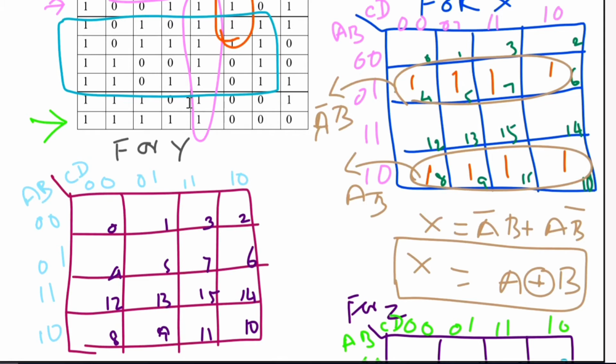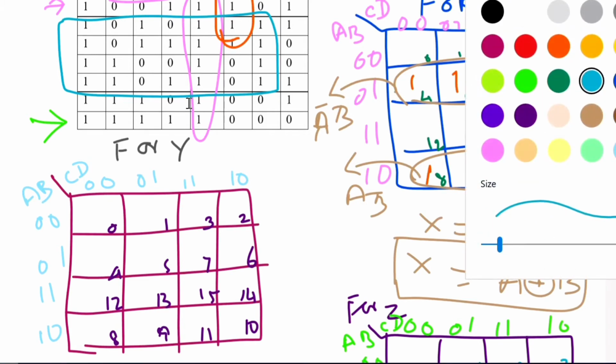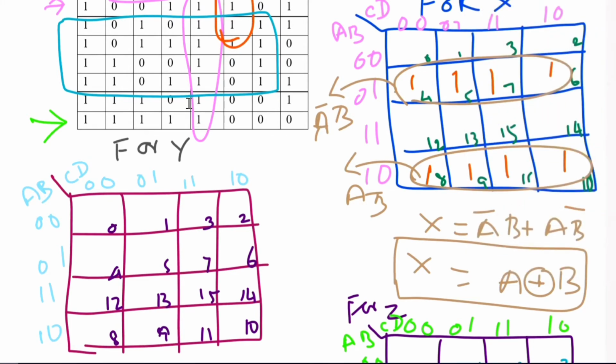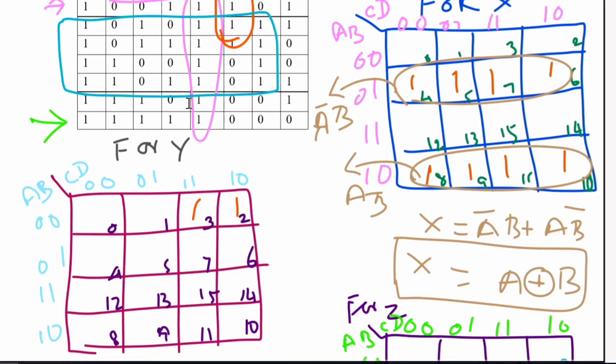So construct a K-map. Now post all the things one by one here. So 1, 1, 1, 1, 1, 1, then 1, 1.